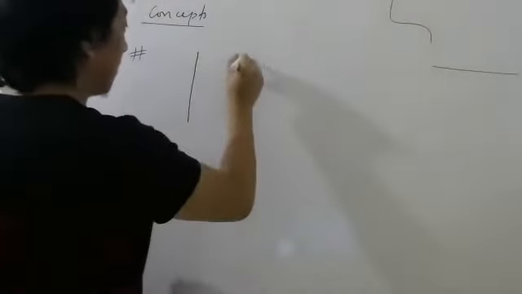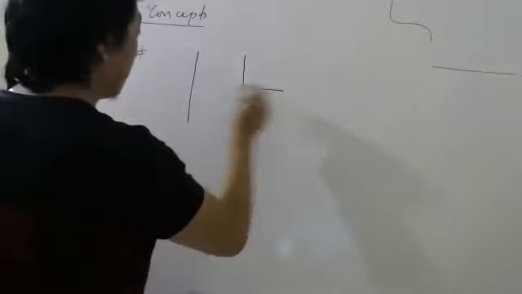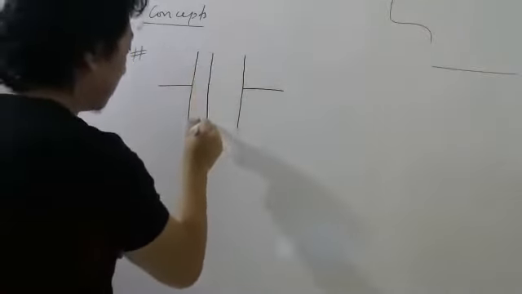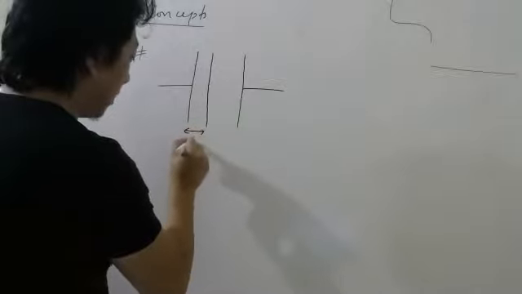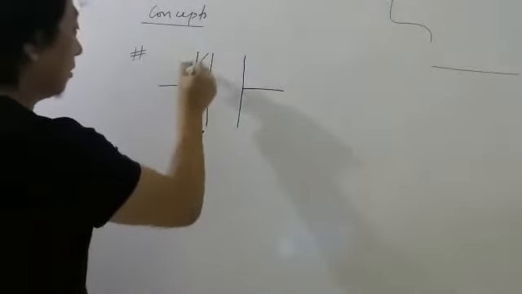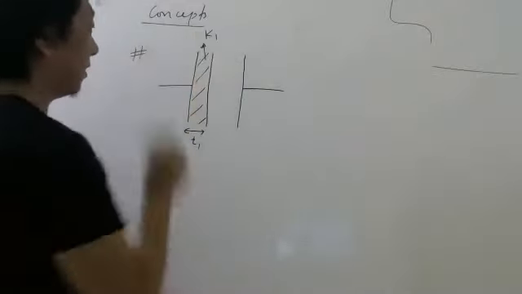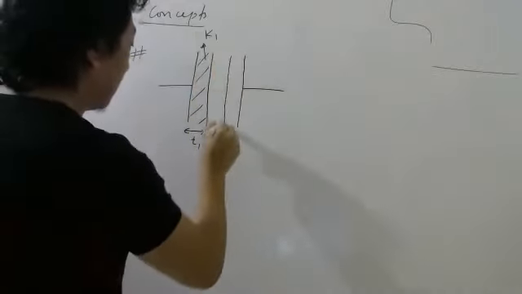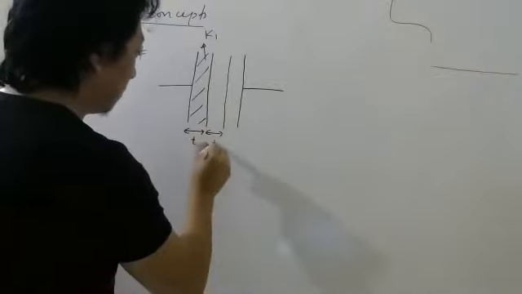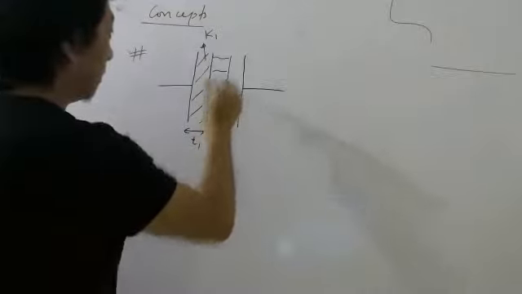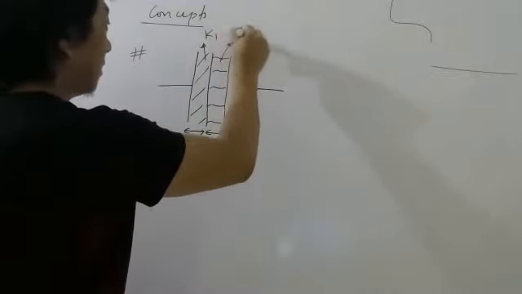Suppose I have a capacitor like this. Look carefully. In this much thickness, T1 let me call it, I am putting one dielectric whose dielectric constant is K1. In another thickness, T2, I am putting another dielectric whose dielectric constant is K2.